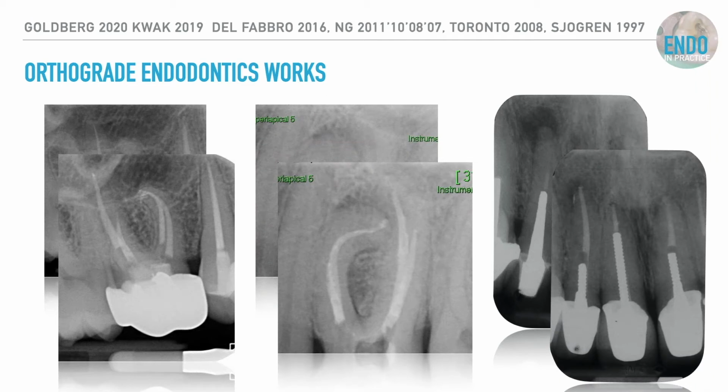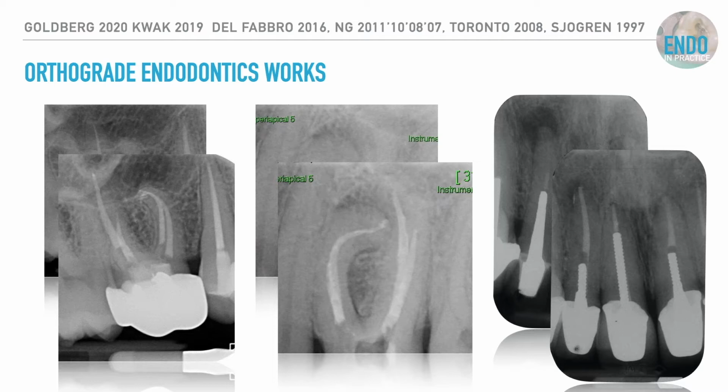Even endodontic retreatment has a high percentage success. Historically, Ing was quoted left, right, and center. But even from the 1970s up to the 2020s, endodontic retreatment success is extremely high, in the high 80s, if not low 90s, depending on where you read.